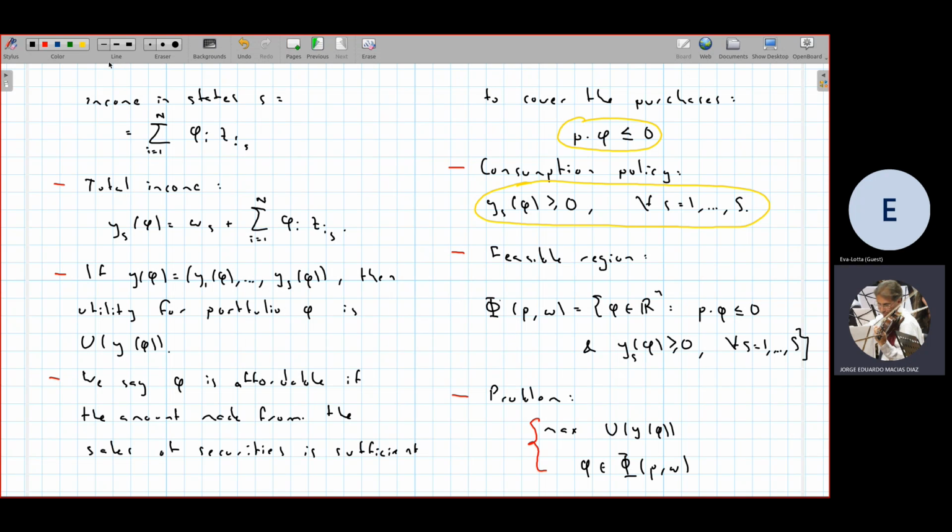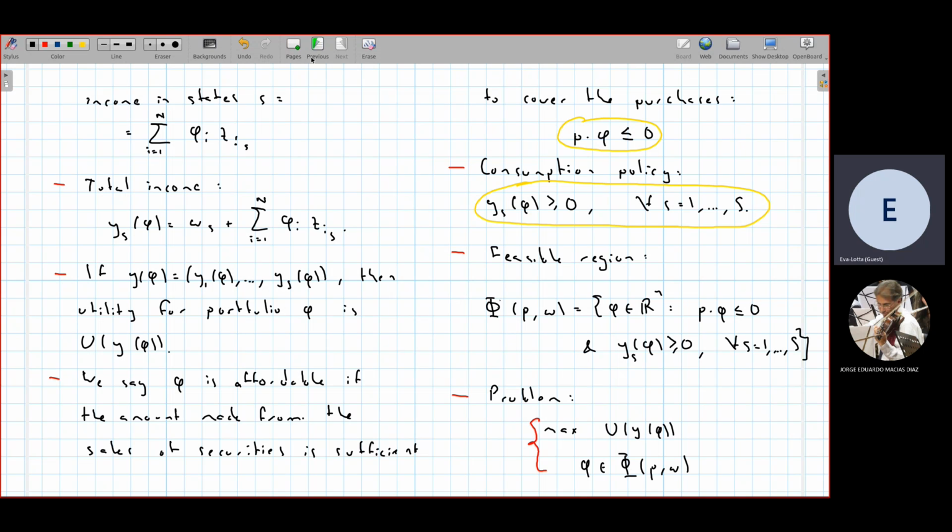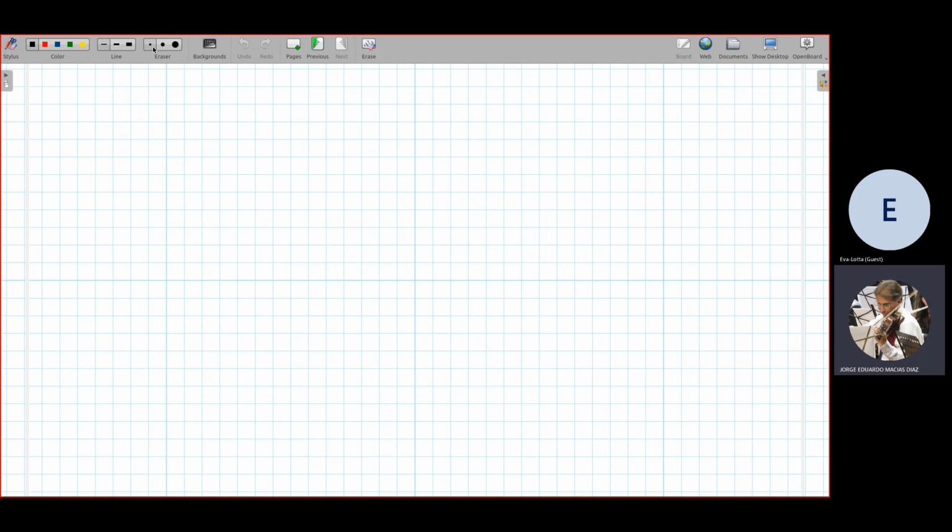Can we change the page? Yes. Okay. So again, this is an example of a parameter dependent optimization problem.